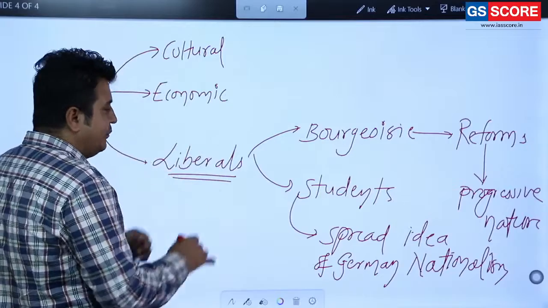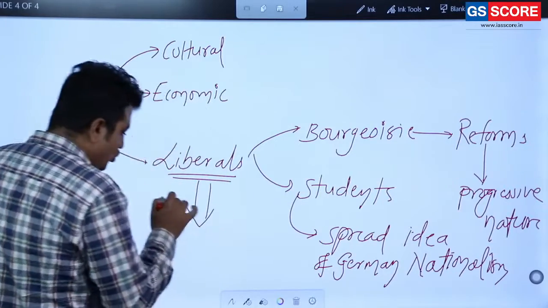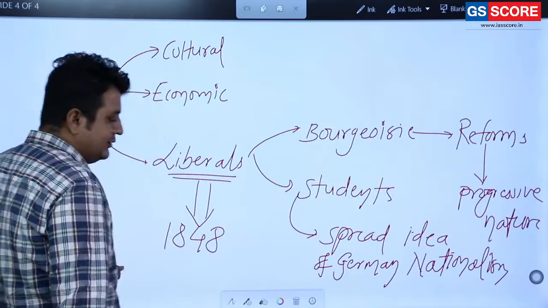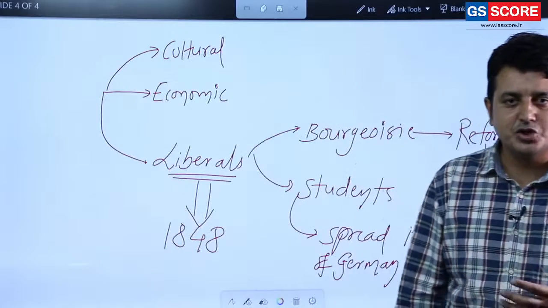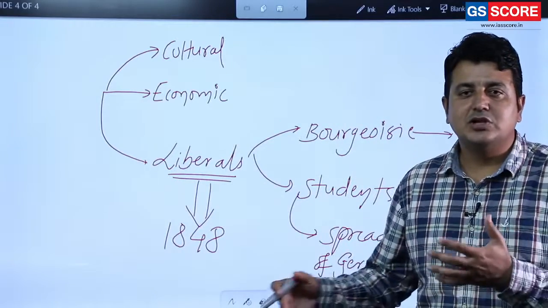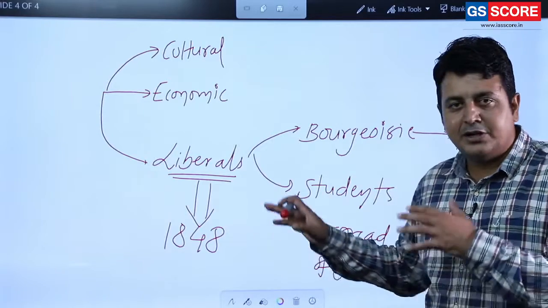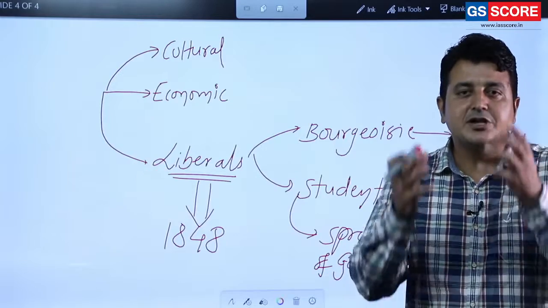So these liberal forces became so strong in the era of 1848, and that resulted in the drafting of a constitution, known as the Frankfurt Parliament. This Frankfurt Parliament in 1848 was basically unification from below.